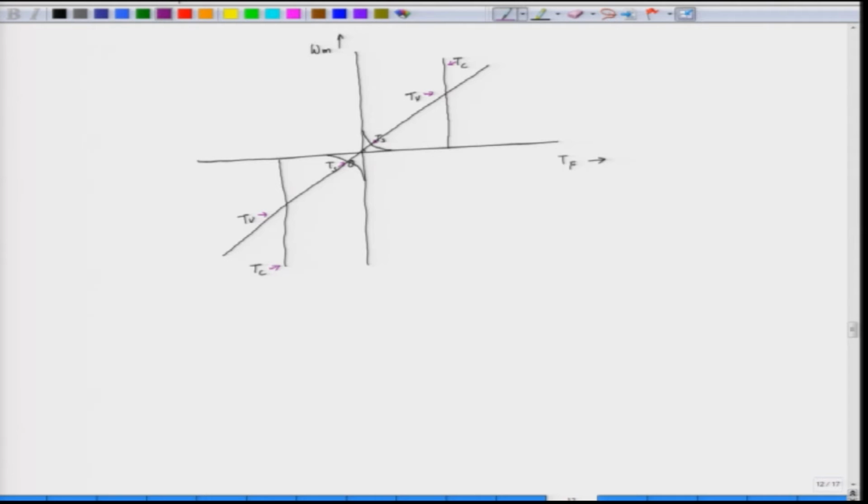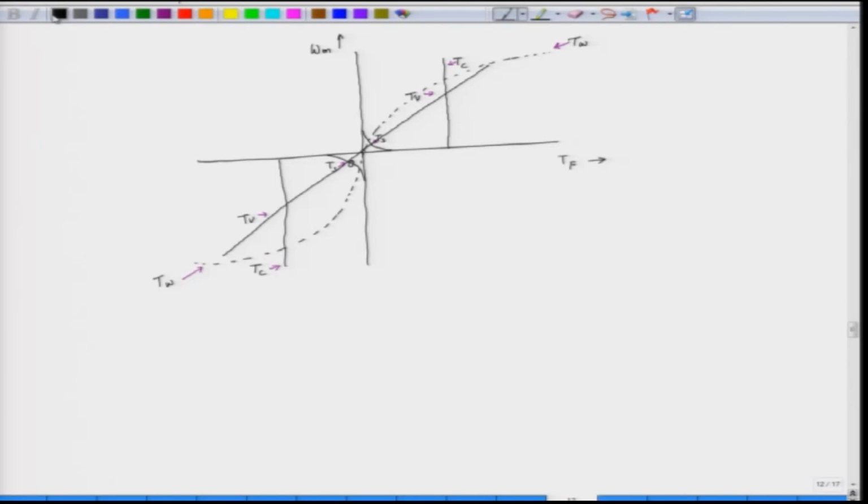If we plot it here, this is the nature of the windage friction. As you go on increasing the speed, the torque changes as the square of the speed.